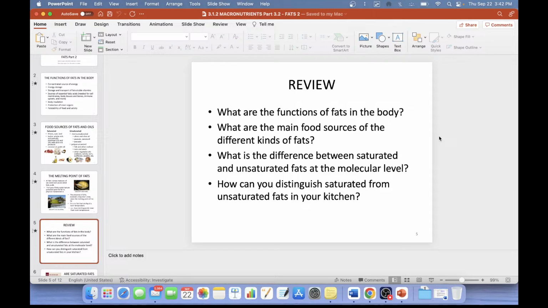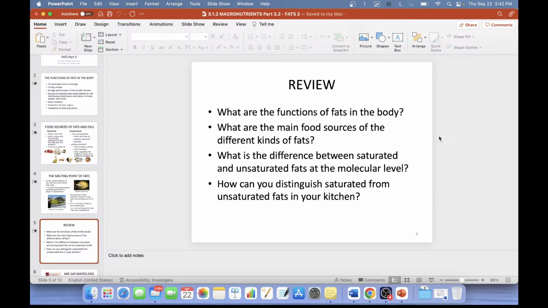Right? So when you talk about fat, you always have to remember it's going to be a mixture of different types of fatty acids. You cannot say that saturated fats do not contain double carbon bonds. The fat is the overall, it's the triglycerides.